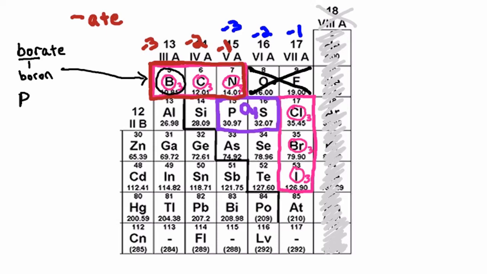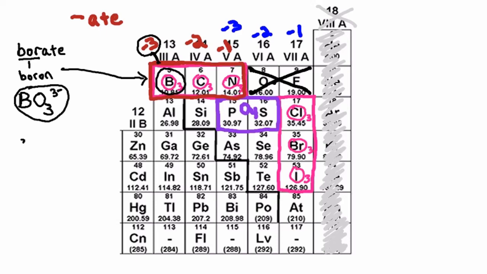So boron is B. And then boron is one of those elements that gets 3 oxygens because it was in that hot pink box. And then boron is in that special box that is going to be a -3. So this is going to have a 3 negative charge, and that is borate.